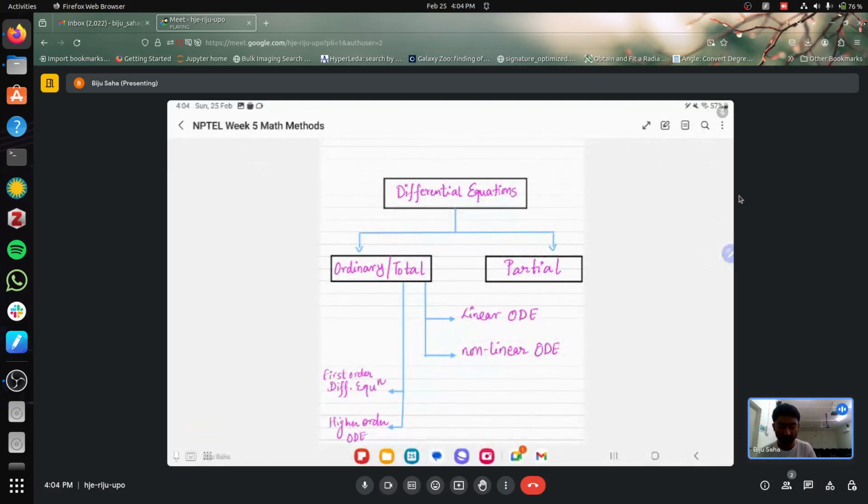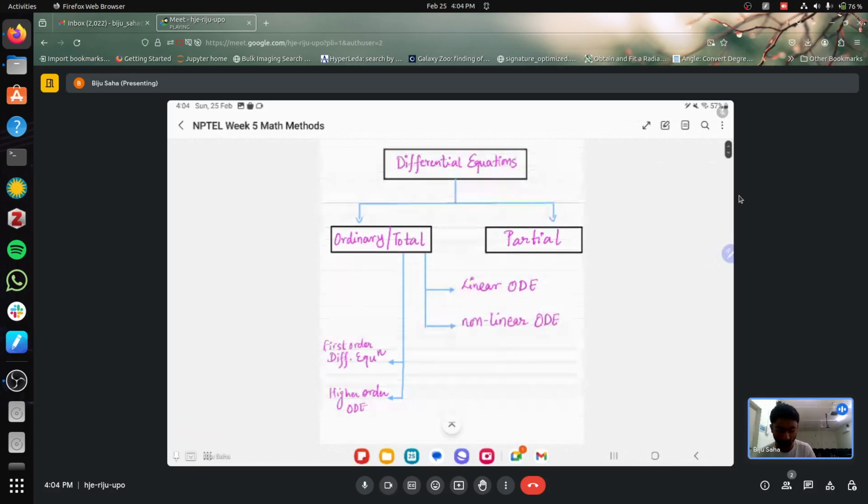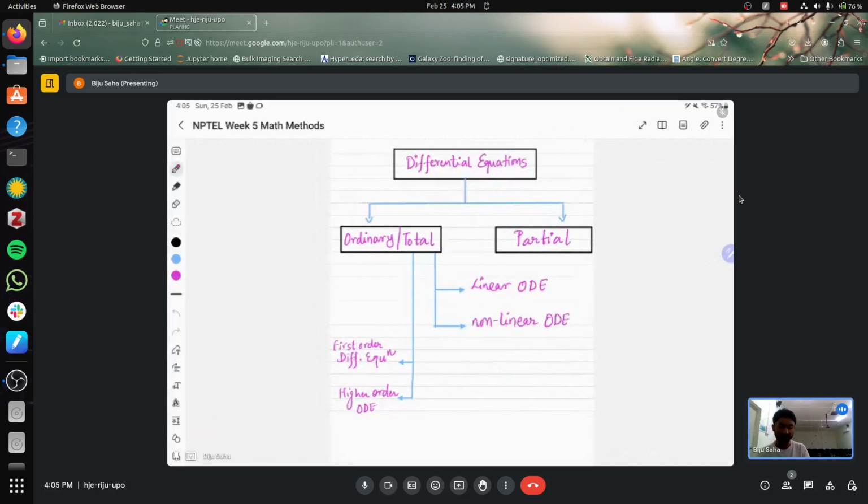So to begin with, I would like to introduce this classification based on the differential equations. Differential equations can be broadly classified into two categories. One is the ordinary or the total differential equation, and the second category is the partial differential equation.